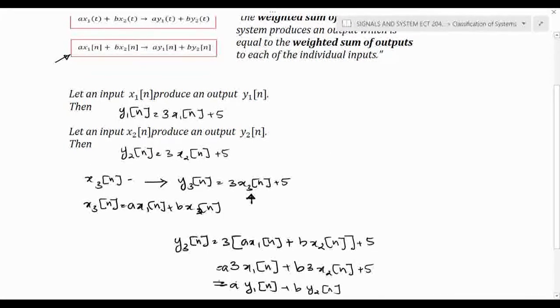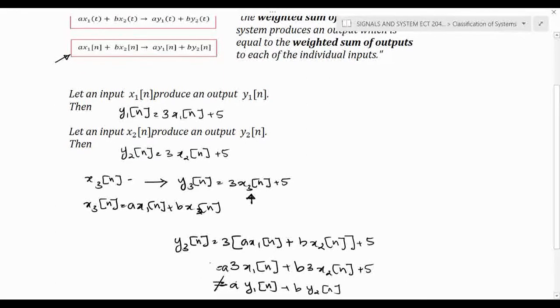If you want to write y1 of n here, it should be 3x1 of n plus 5, but here it is a into 3x1 of n. There's only one 5. So if you want to write y1 and y2, you require 5a and 5b in this particular expression. So we cannot write like this.